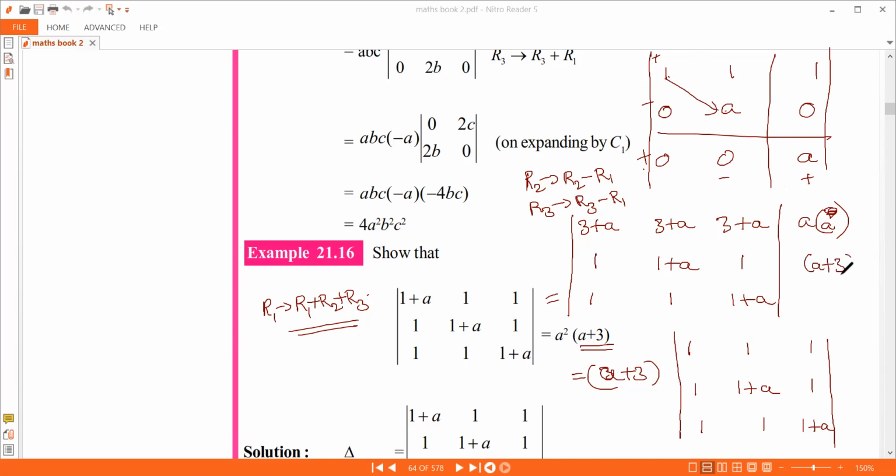A square into a plus 3. That's the answer.